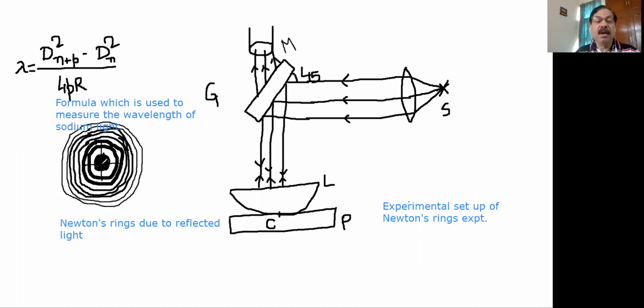Using the vernier screw, now move the crosswire and set it on the 15th bright ring on any side, maybe this side. This is the first bright ring, second bright ring, third bright ring, fourth bright ring, and so on. We will put the crosswire on the 15th ring.